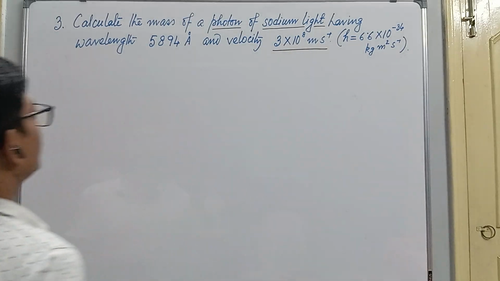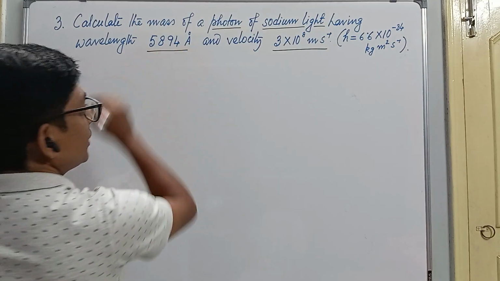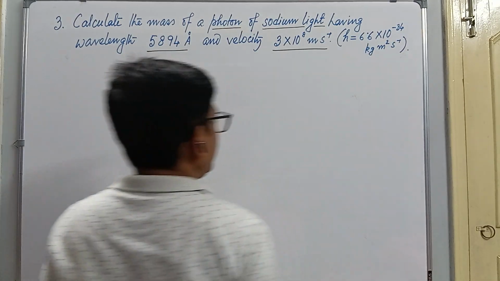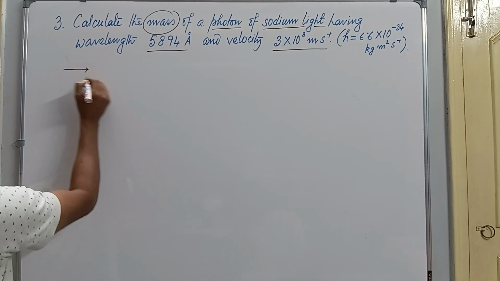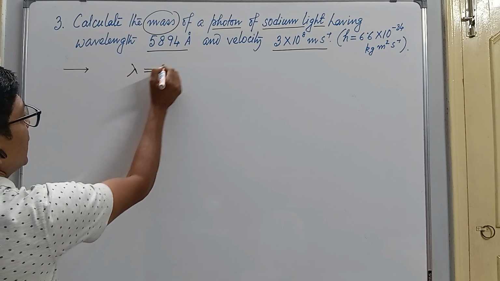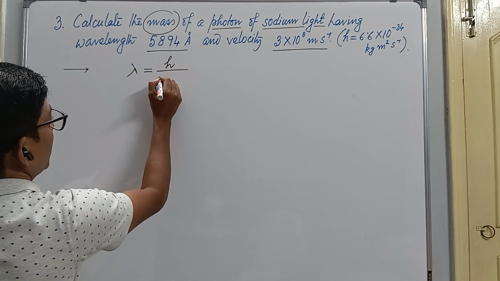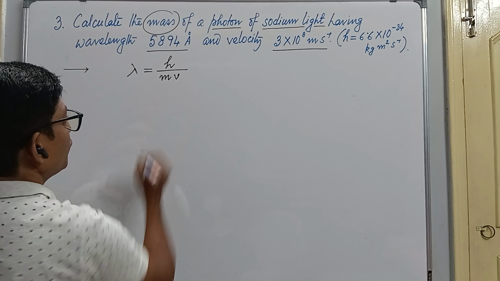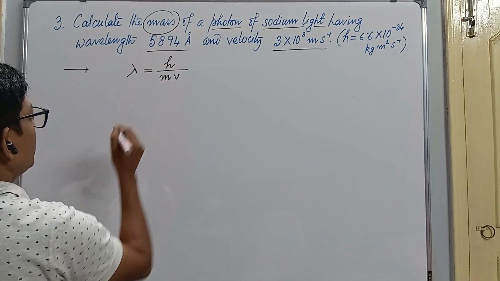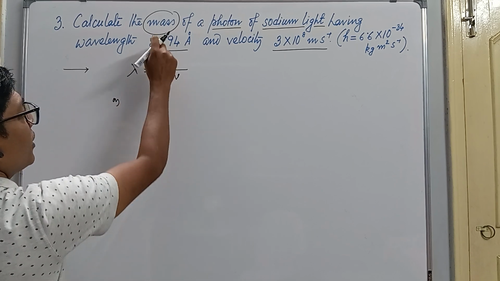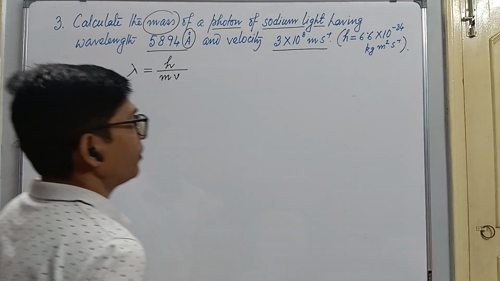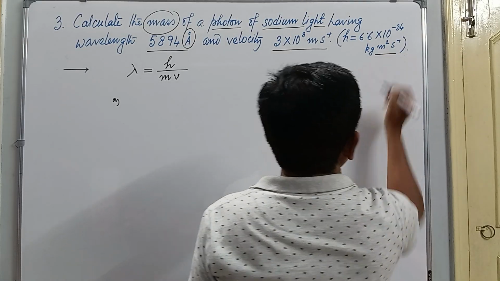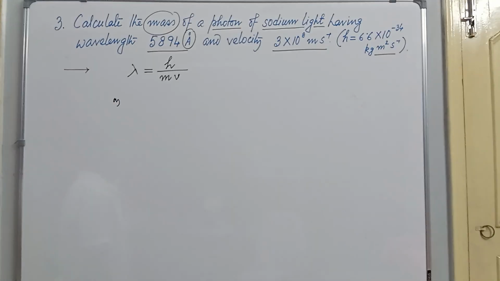Now once you understand this concept, it is very simple. They have given the velocity, they have given the wavelength, and they also provided the value for h. So what do we need to calculate? We need to calculate the mass. Again we'll use that mother equation, lambda is equal to h by mass of that particle into the velocity. Here the wavelength is given in angstrom unit, whereas the Planck's constant is given in the SI unit.